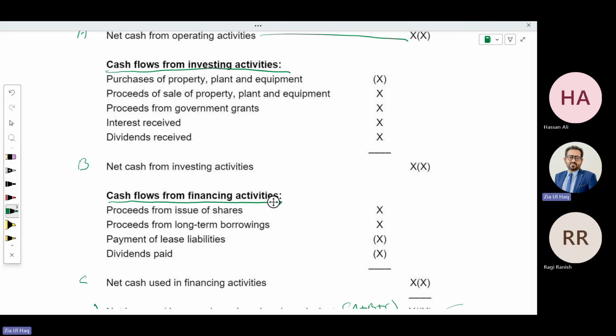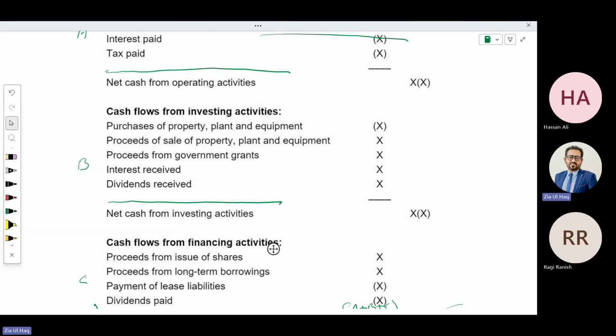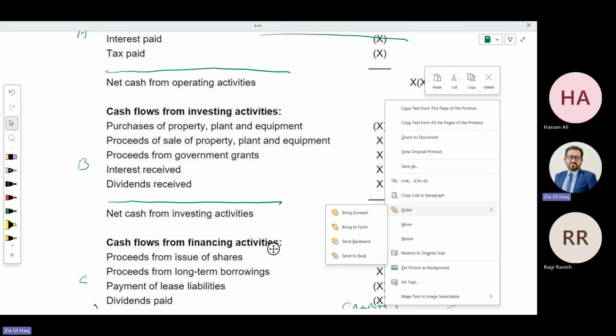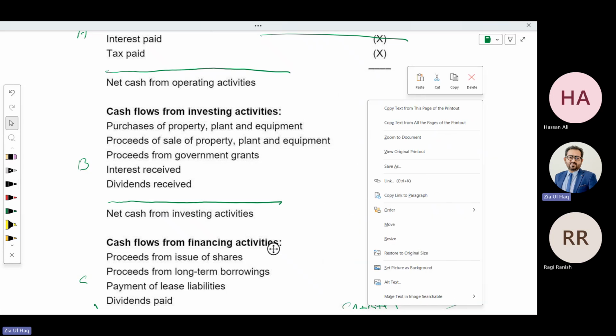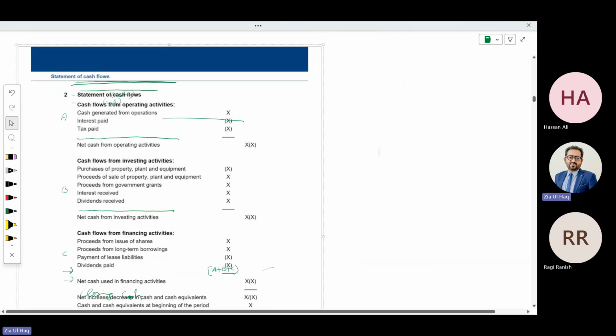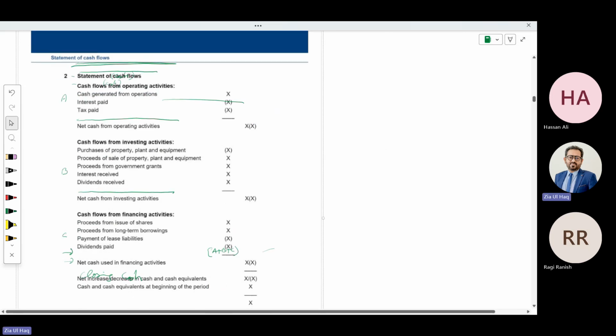And if we pay dividend to shareholders, that will be negative. But interest payment will not be recorded here, that will be recorded under operating activities. Why? Because the interest expense we record in the profit and loss account, and operating activities mean activities relating to profits. So this is the format of the cash flow statement.